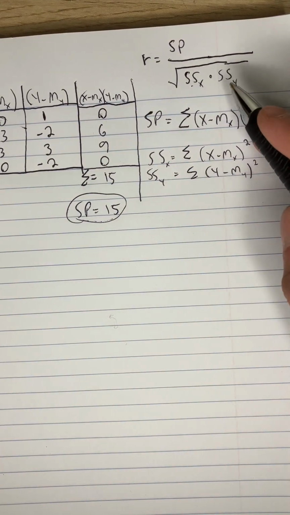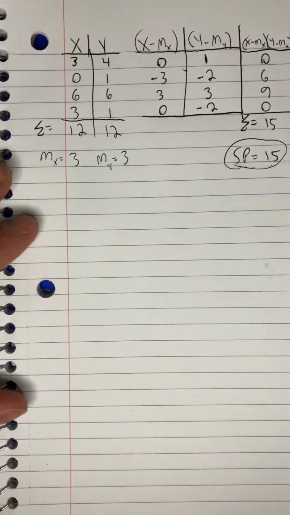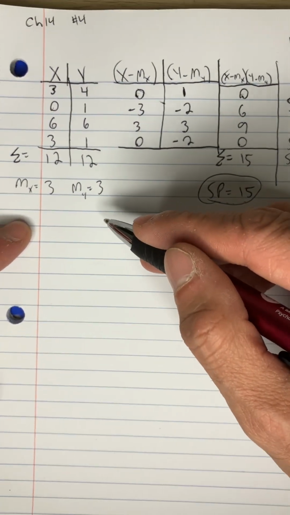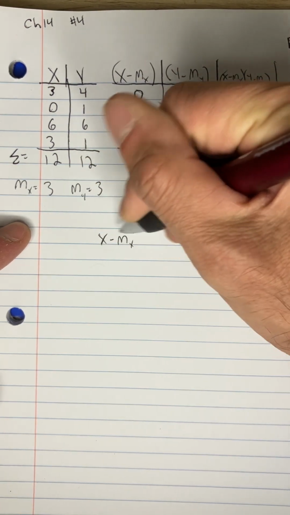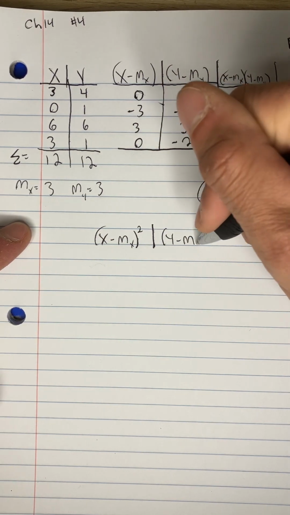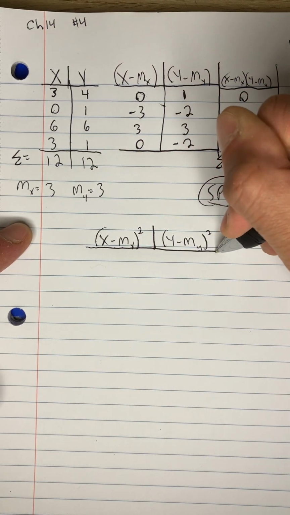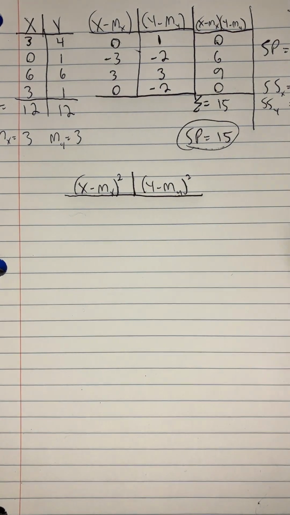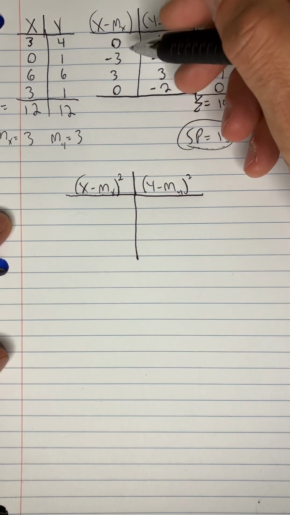Let's just figure out these two things, and that's just the columns we've already made but squared, right? So we already made these columns. I'm going to do it down here. X minus the mean of x squared, y minus the mean of y squared. Okay, so we're just taking these columns and squaring them, right?